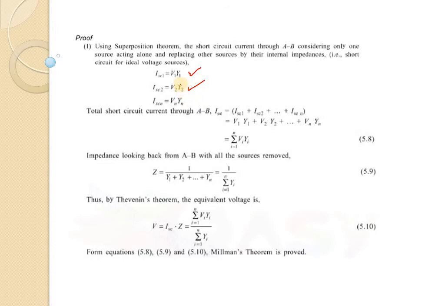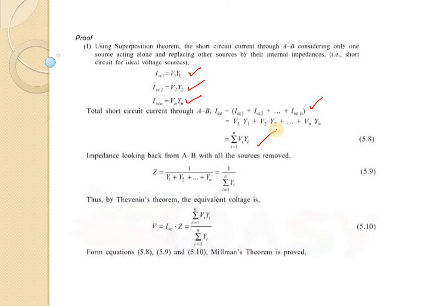In that way, IscN equals VN YN. So the total short circuit current through AB equals Isc1 plus Isc2 up to IscN. So we can write that the short circuit current is the summation of Vi Yi, where i is 1 to N.